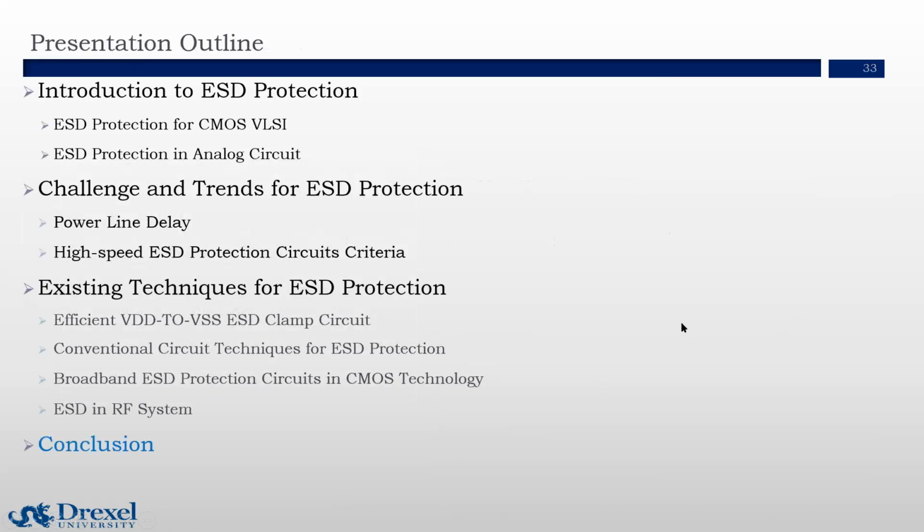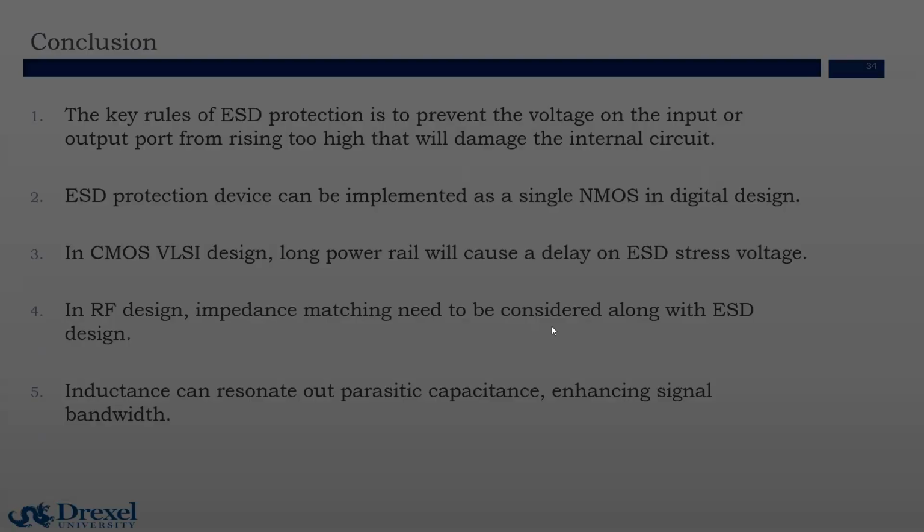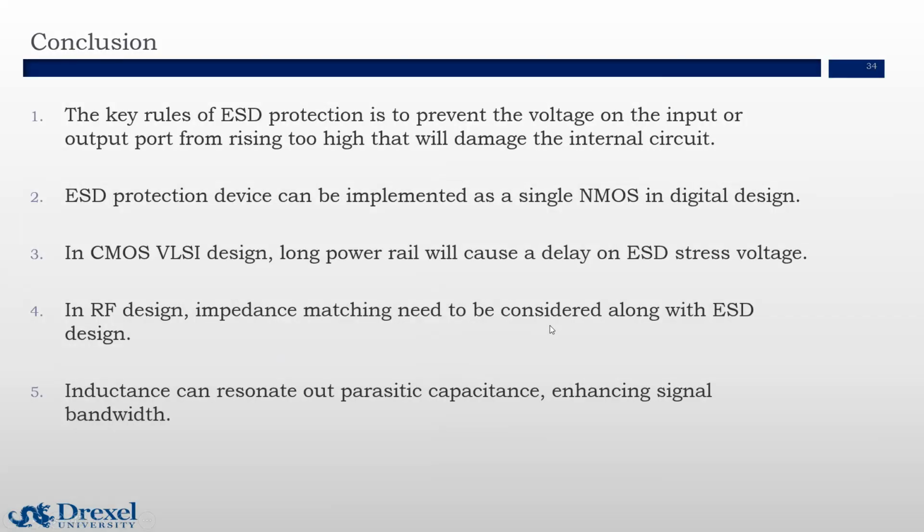Finally, let's conclude the ESD protection. The key rule of ESD protection is to prevent the voltage on the input or output port from rising too high and damaging the internal circuit. An ESD protection device can be implemented as a single NMOS in digital design, or it can be implemented using inductance to resonate out parasitics in analog or RF design.